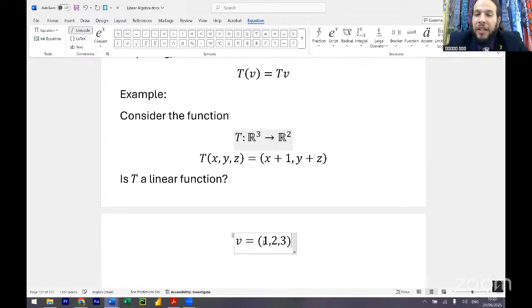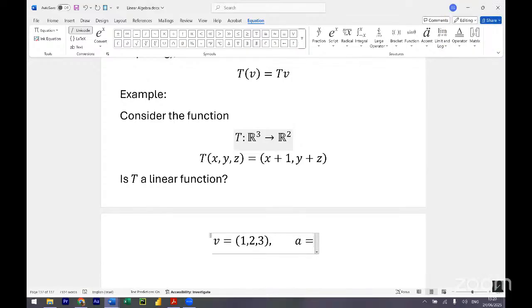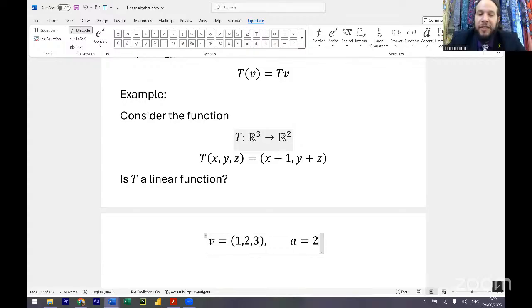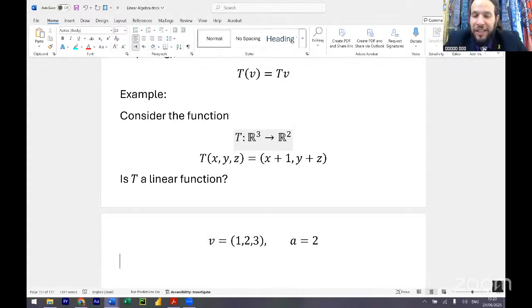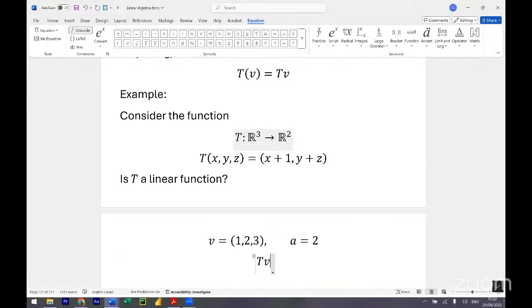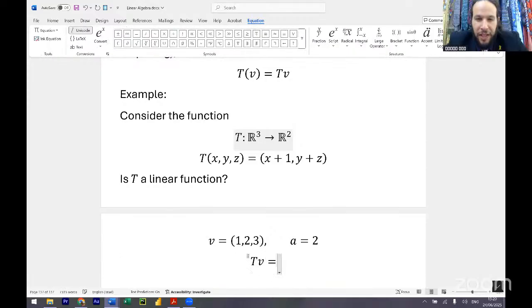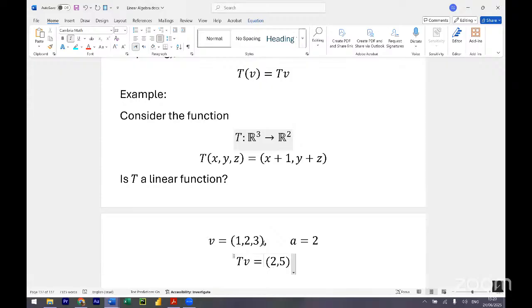Choose a random scalar. 2. Great. And let's check what is T of v. So T of v is x plus 1 is 2 and y plus z is 5. Do you agree? Yes. Okay.